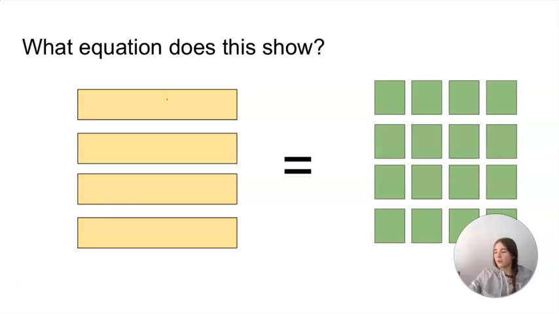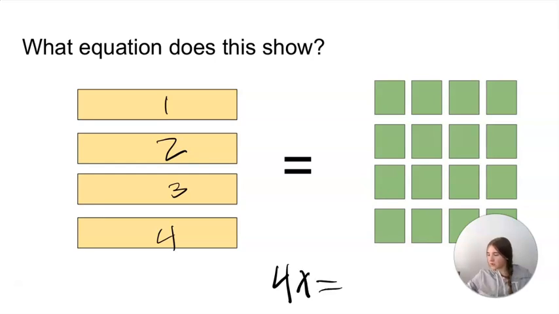We have 1, 2, 3, 4. So 4 x's. Let me write it down there. 4 x's equals 4, 8, 12, 16. And how we could do that is divide up the 16 between all the x's.